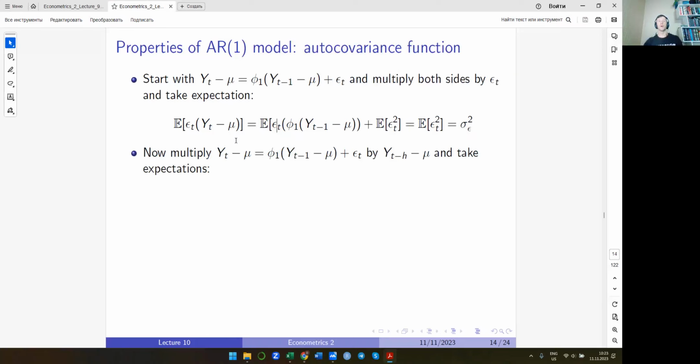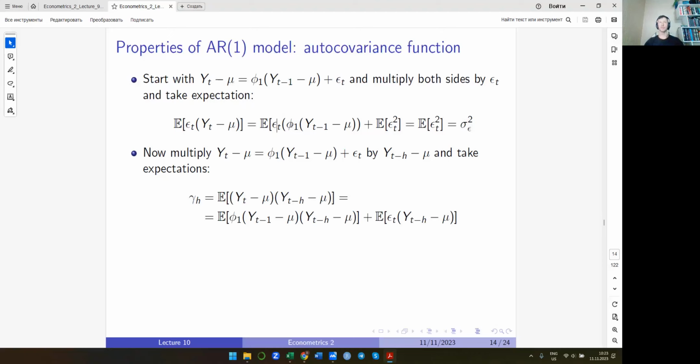So now we multiply the initial expression by yt minus h minus mu and take expectations. When we multiply the left hand side, we get exactly the autocovariance function expression.